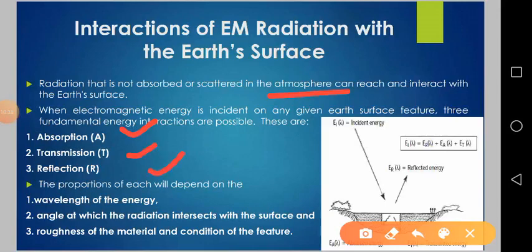The portion of each will depend upon the wavelength of the incident radiation, the angle at which the radiation interacts with the surface, and the roughness of the material and the condition of the feature. So these are the various influencing factors. This figure depicts the various interactions of electromagnetic radiation with the Earth's surface, namely absorption, transmission, and reflection.